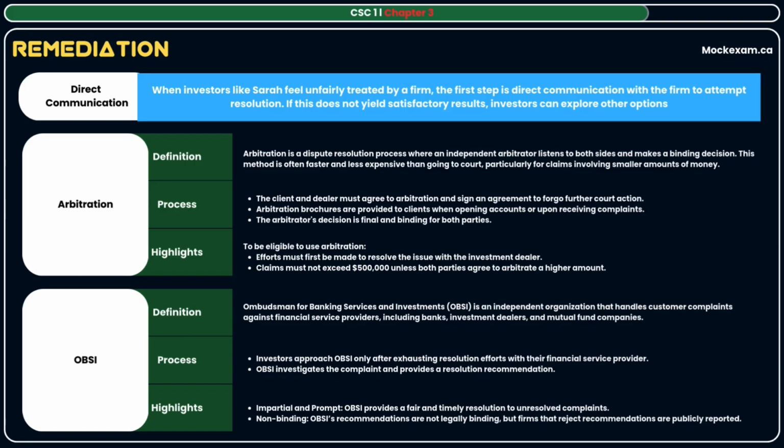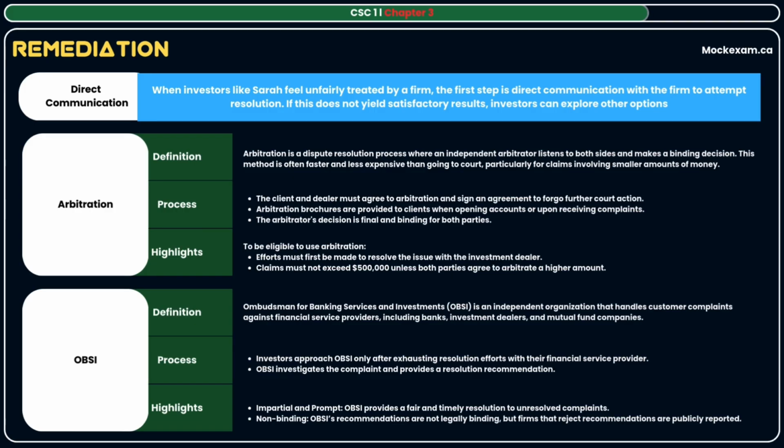In the case of our example, Sarah approaches OBSI after arbitration. Then OBSI reviews the case and recommends additional compensation. Although non-binding, the firm agrees to the recommendation to avoid negative publicity.